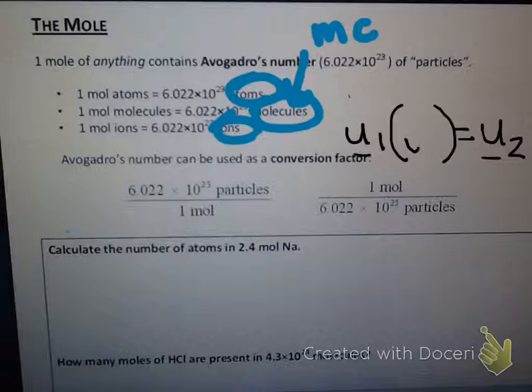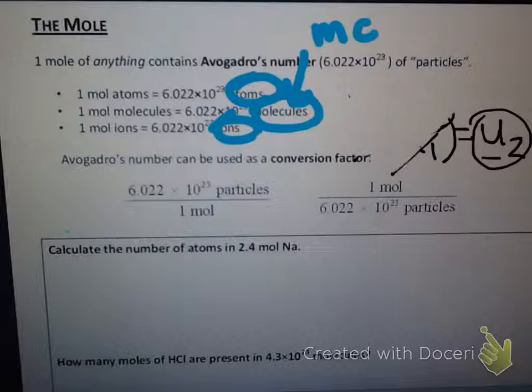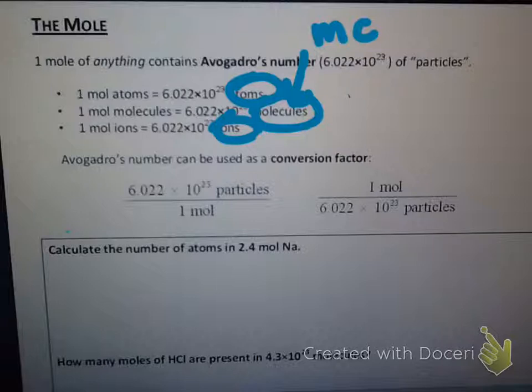You put the first unit in the bottom and the second unit in the top. So remember, dimensional analysis uses the ratios of the conversion factors with both units to convert from the first unit to the second unit.